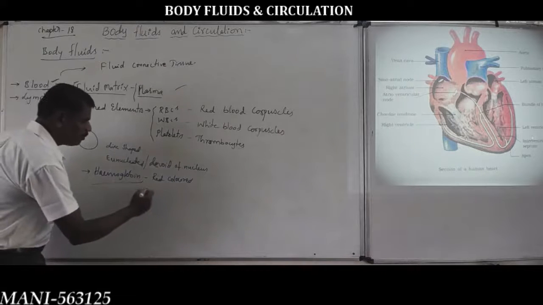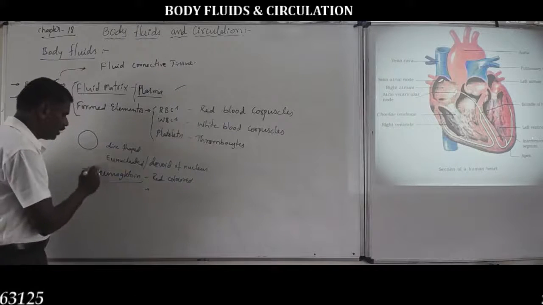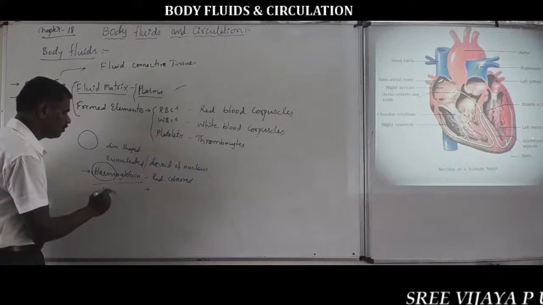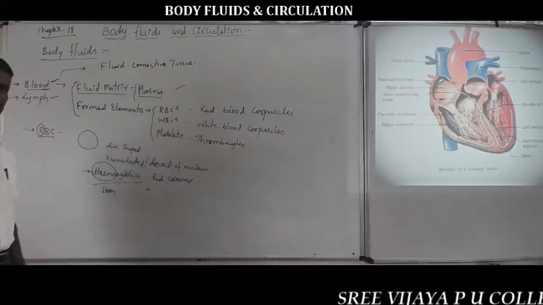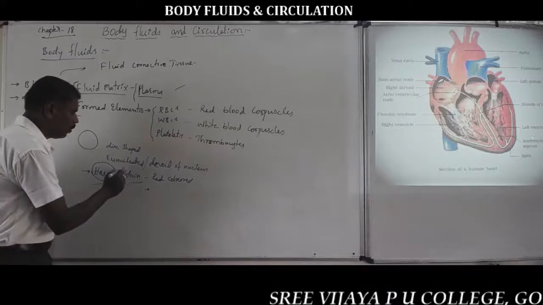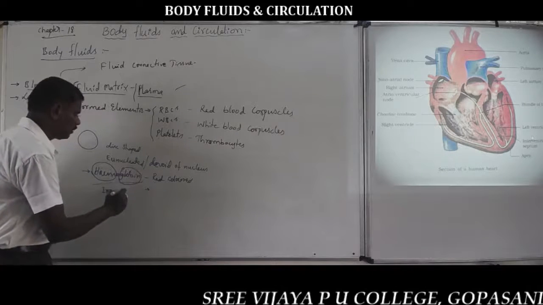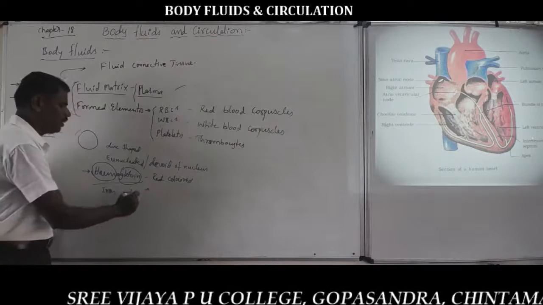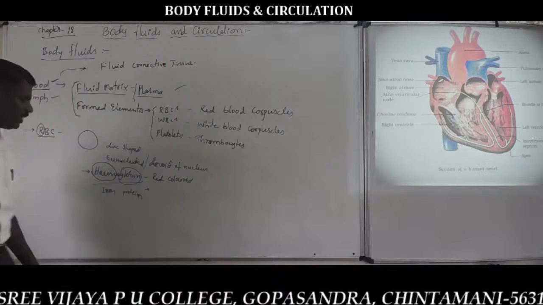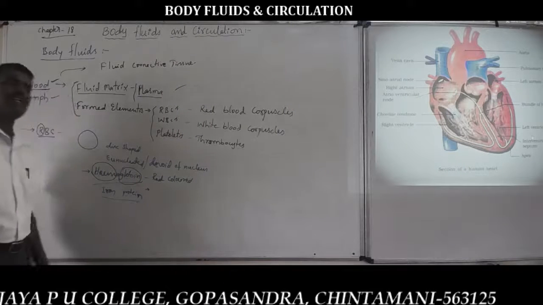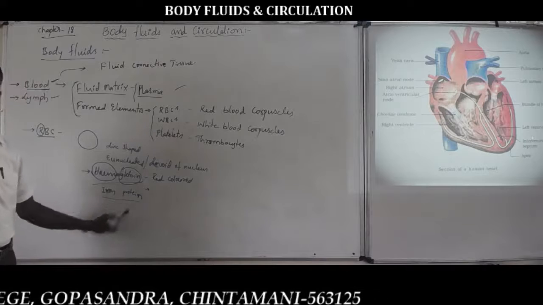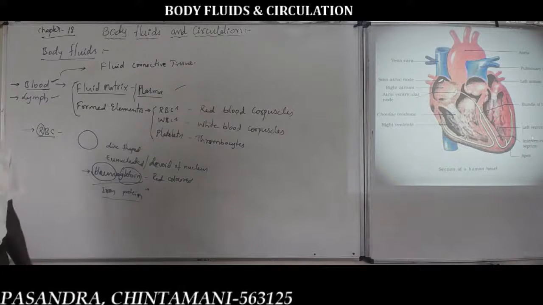In hemoglobin, heme is iron containing and globin is protein. That is, hemoglobin is an iron containing protein. It gives the red colored nature.